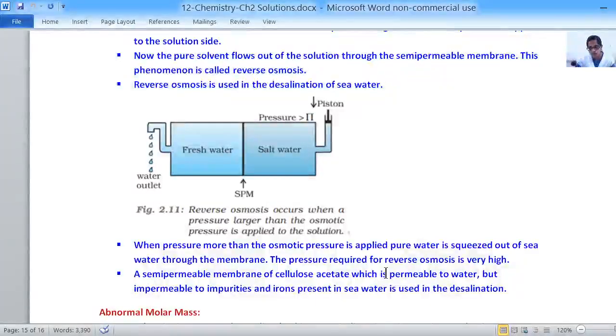It is permeable only to water, but it is impermeable to impurities, and it will not allow the impurities, such as the ions present in the seawater, to flow through it. Only water will be allowed to pass through. So this is about reverse osmosis.